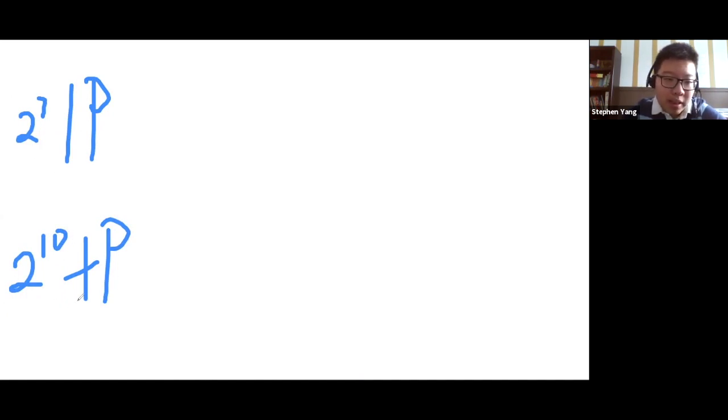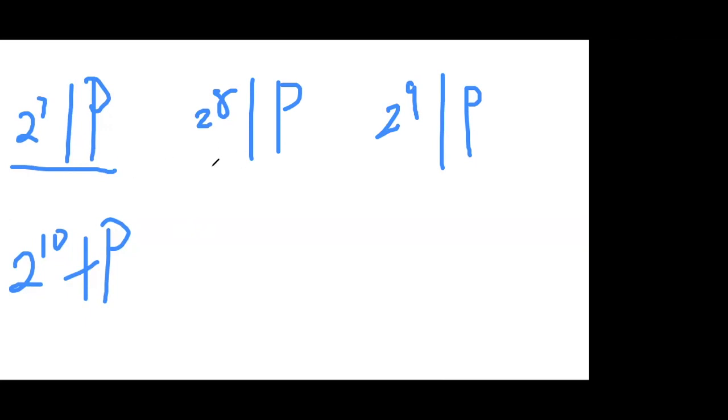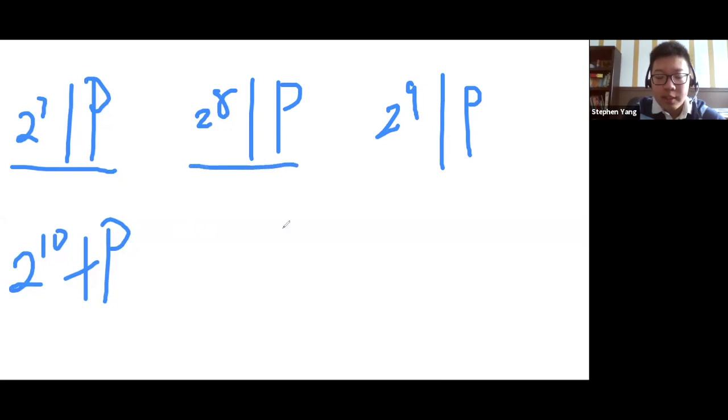However, p is not divisible by 2 to the 10th power, which means p could be divisible by 2 to the 8th power as well, or p could be divisible by 2 to the 9th power as well. Okay, so let's consider each individual case. In one case, p is not divisible by 2 to the 8th power, and in the other case, p is not divisible by 2 to the 9th power.